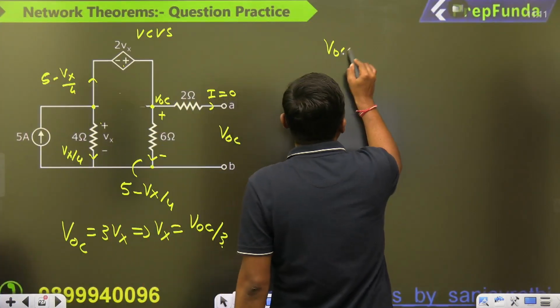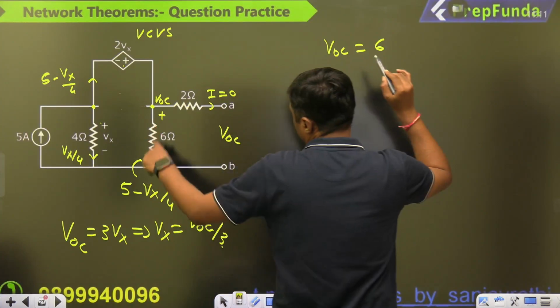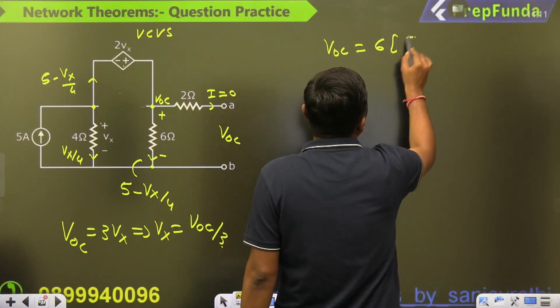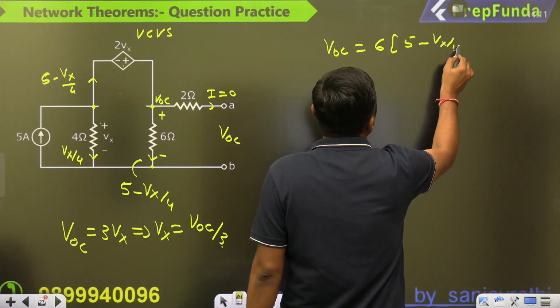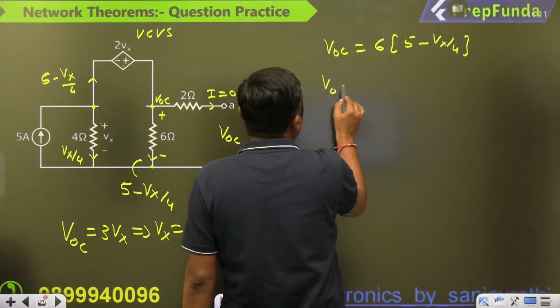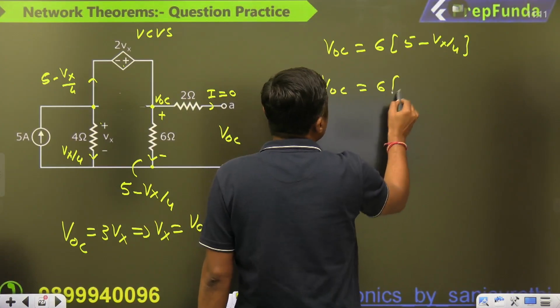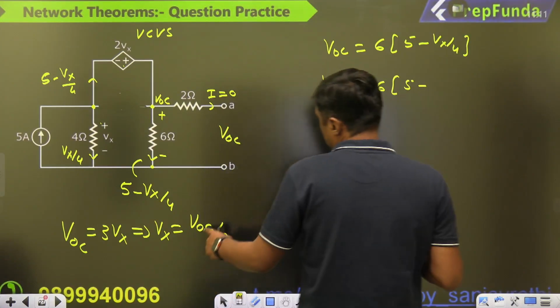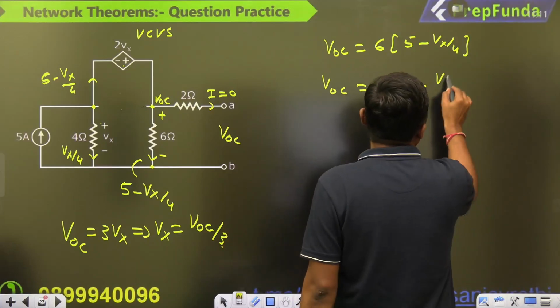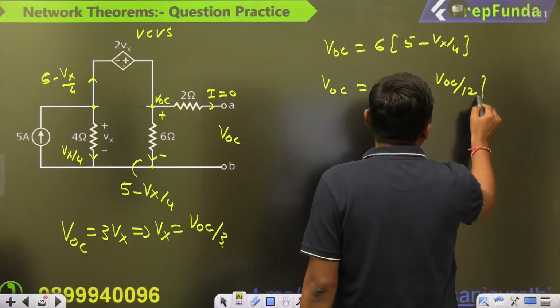So you can write VOC is equal to 6 times of 5 minus Vx by 4. And again you can write VOC is equal to 6 times 5 minus, this is VOC by 3, so it will become VOC by 12.